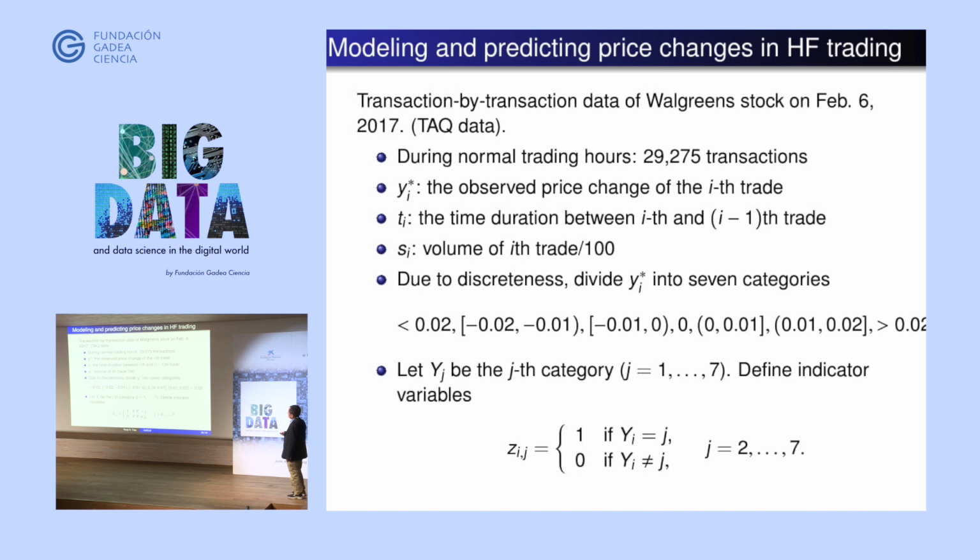Now, even though theoretically the price change is a continuous variable, the observed value is discrete, and can be classified into several categories. For simplicity, I classify them into 7 categories. Broadly speaking, for this particular data set, the no price change is about 70%. That's rather common. The next one is about 13, 14%.